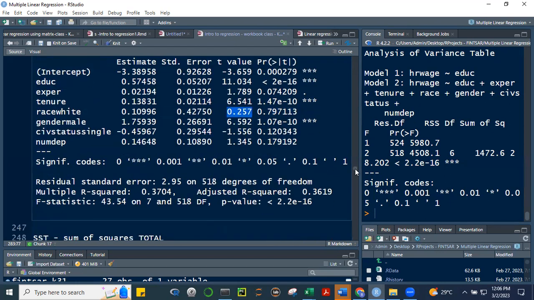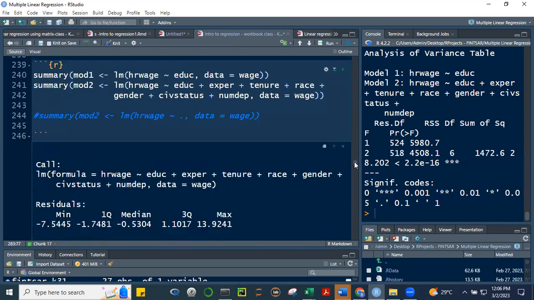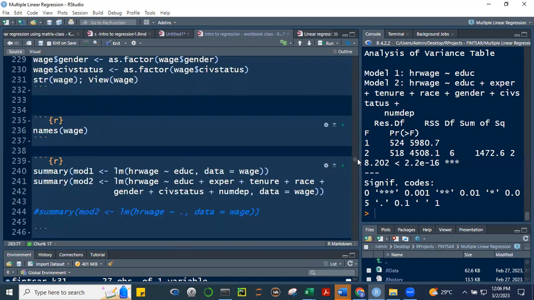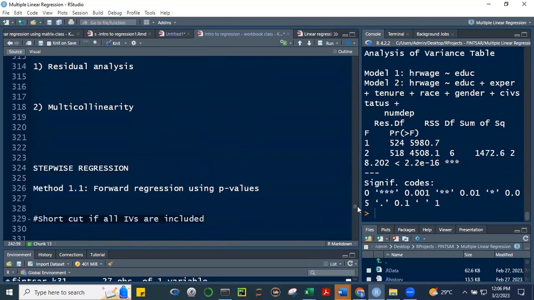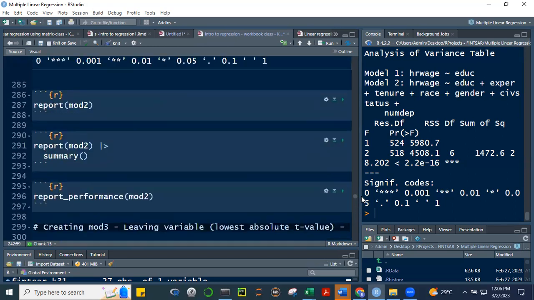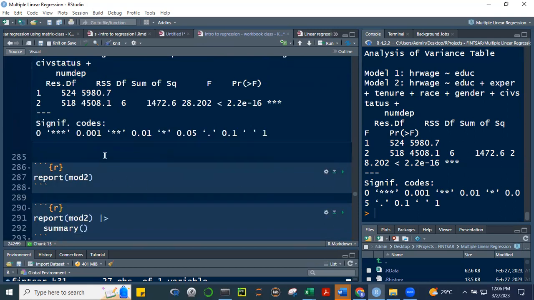So yung next na model natin will be, okay, copy natin yung model natin. Okay, this one. Okay, Control C. Alright, dito.